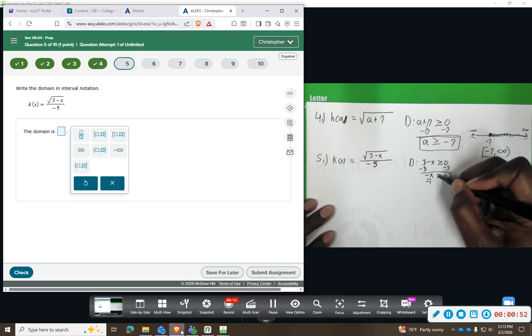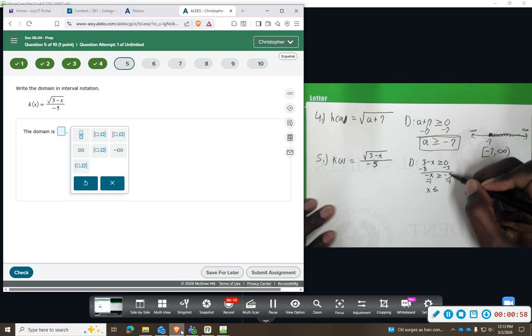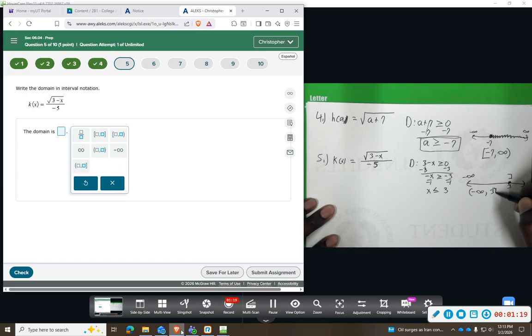When you divide by a negative, it flips the inequality sign, so that leaves us with a positive x less than or equal to, this will now be a positive 3. And so pointing to the left, that's going toward -infinity. 3 will be a bracket. So we're looking at -infinity, parenthesis, comma, positive 3 in a square bracket.